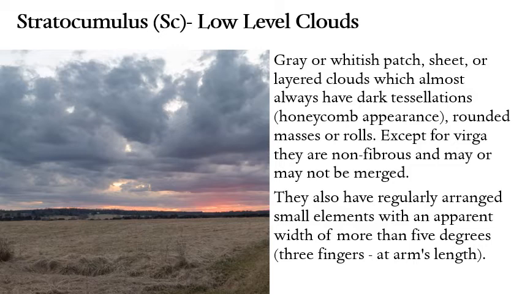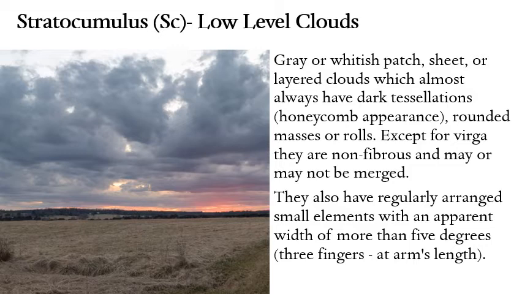They also have regularly arranged small elements with an apparent width of more than 5 degrees, or 3 degrees at arm's length. So this apparent width of 5 degrees is the formation of these stratocumulus clouds at a certain altitude of 5 degrees in the atmosphere.